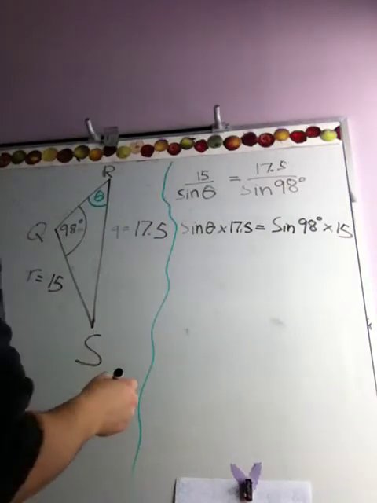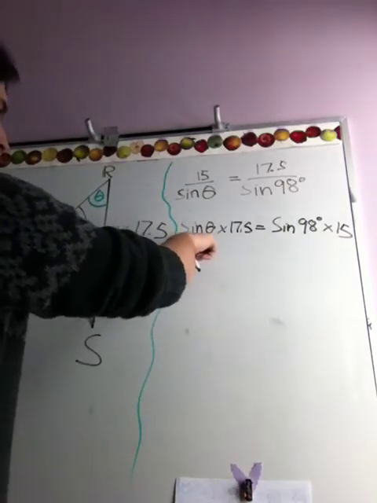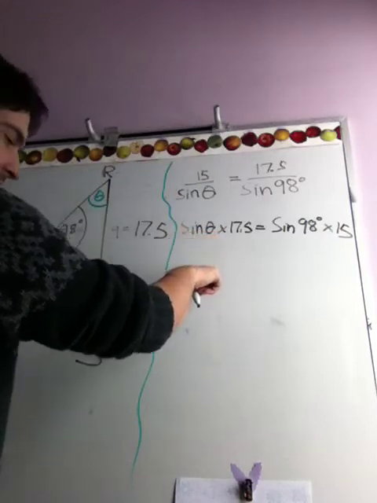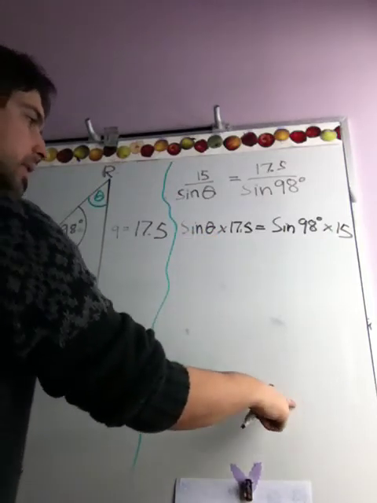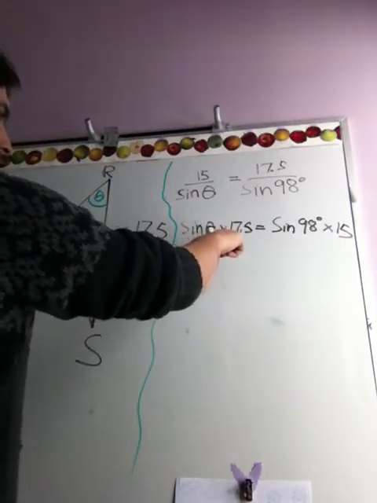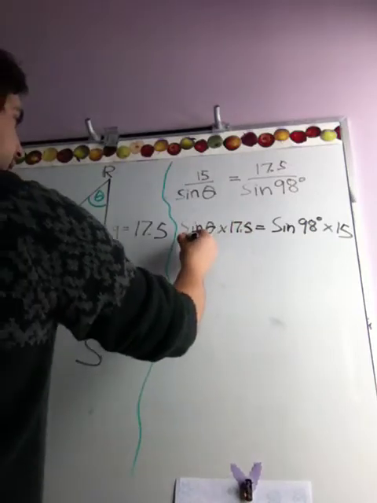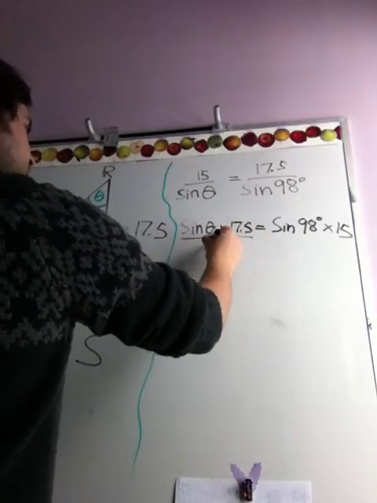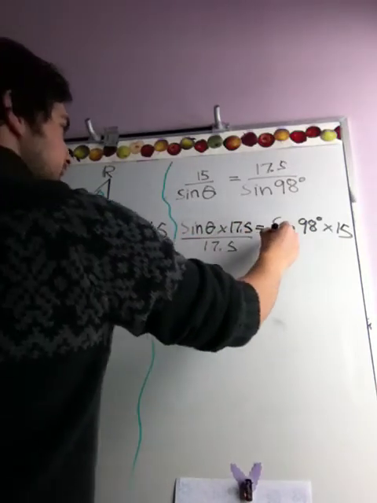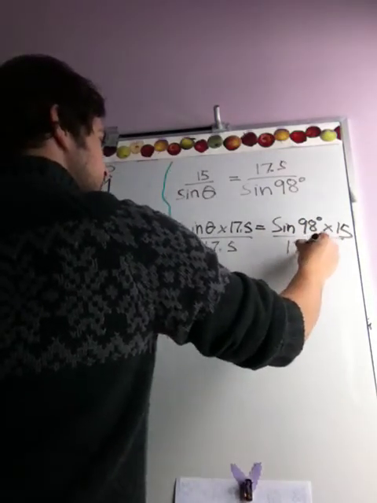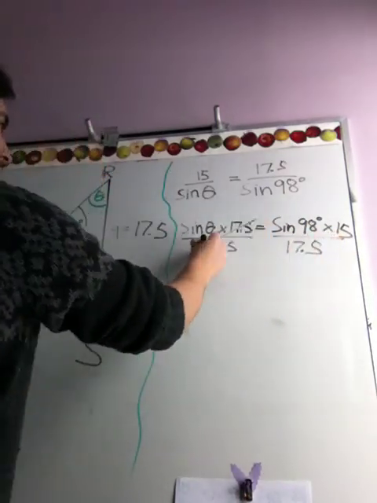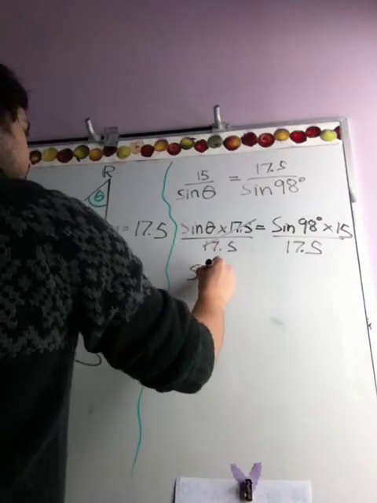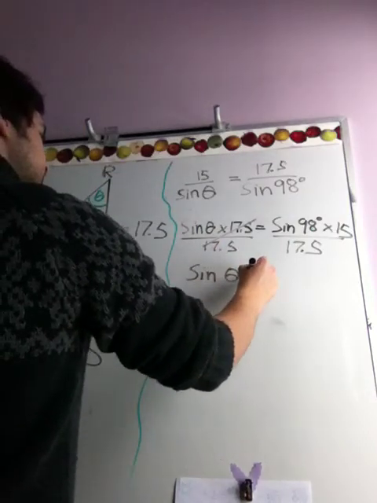I'm out of room. So again, we only want theta left over here, so at the end it says theta equals the value of theta. So we've got to get rid of this 17.5 first. How do we do that? Divide by it. If we do it on one side, we have to do it on the other. So those are gone. Just left with sine of theta.